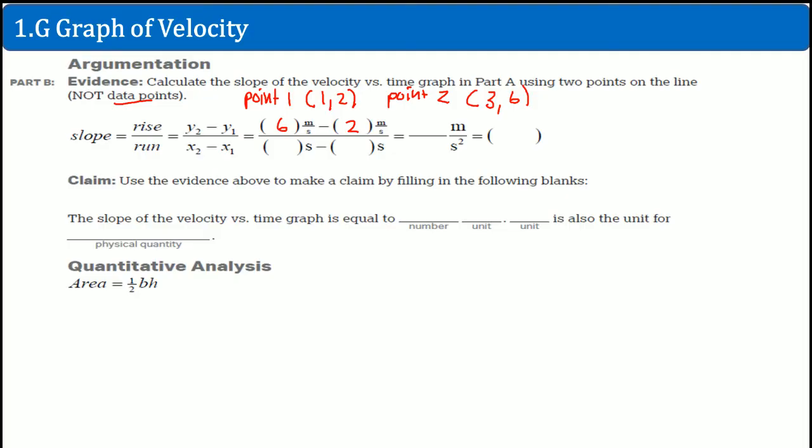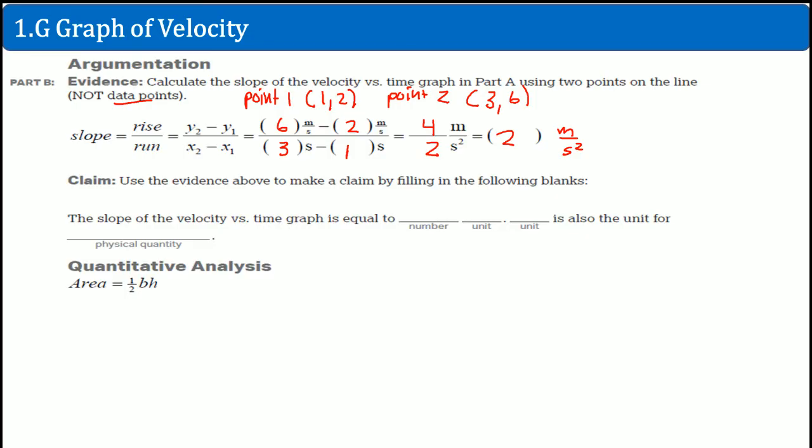The bottom is x2 minus x1. x2 is 3 because that's the second point for x. This is x1, so that's 1. 6 minus 2 is 4. 3 minus 1 is 2. 4 divided by 2 is 2. No matter what values you pick, you still get this. So this is 2 meters per second squared.